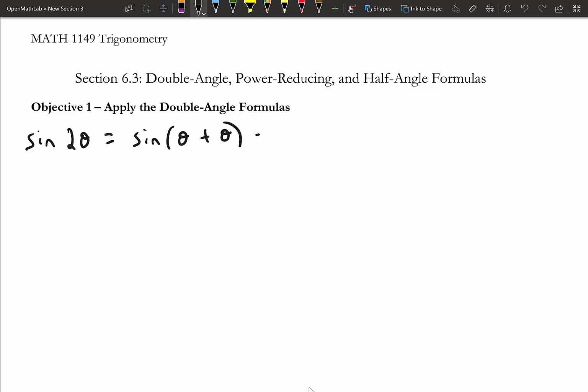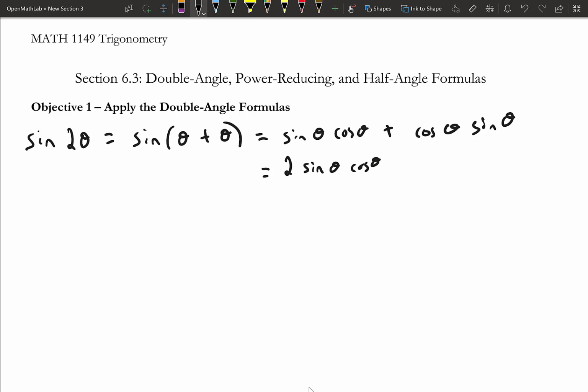If I plug that into the equation from section 6.2, we would have sine theta times cosine theta plus cosine theta times sine theta. These two things are identical because of the commutative property of multiplication; the only thing different is the order. So this simplifies to 2 sine theta cosine theta, since I have two of the same term.